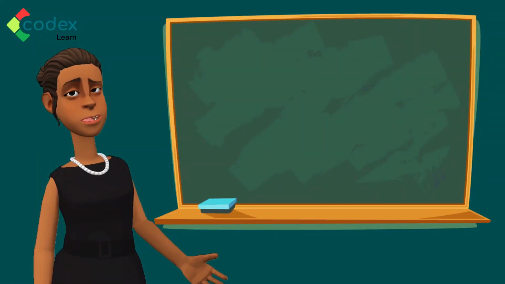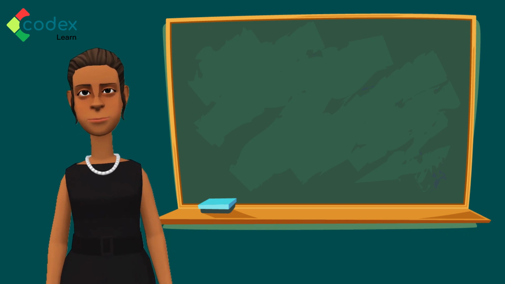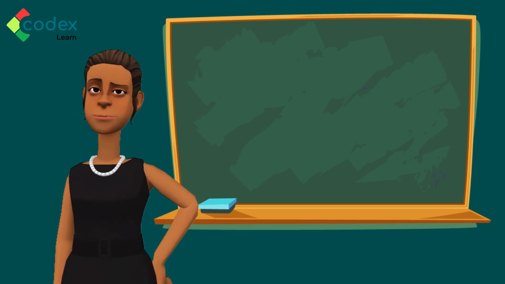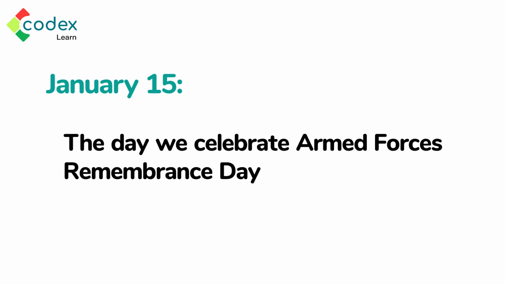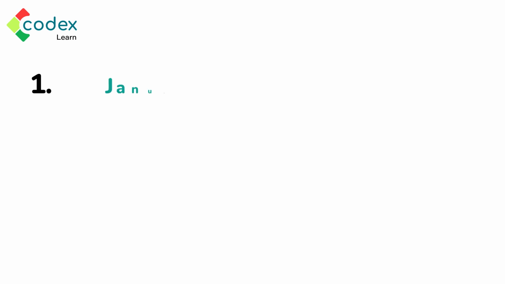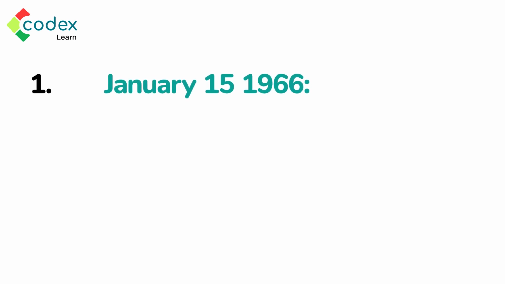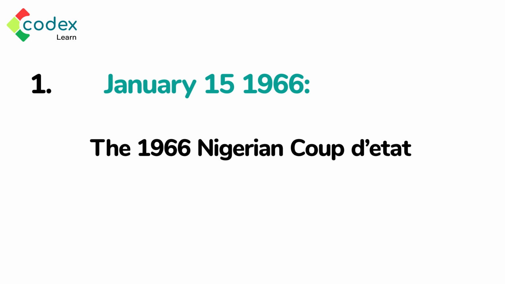Oh, I also have something interesting to share with you. First, about January 15th, the day we celebrate Armed Forces Remembrance Day. 1. January 15th, 1966, the 1966 Nigerian coup d'etat. 2.